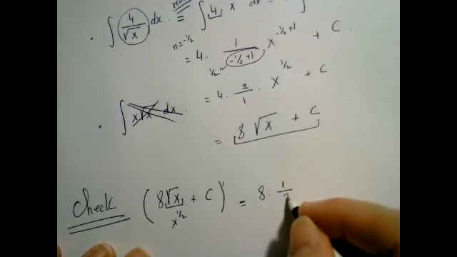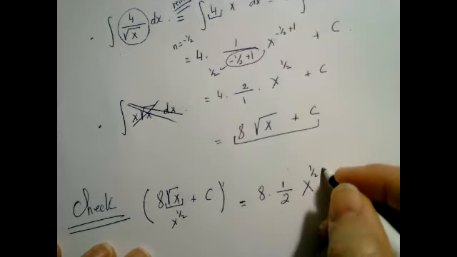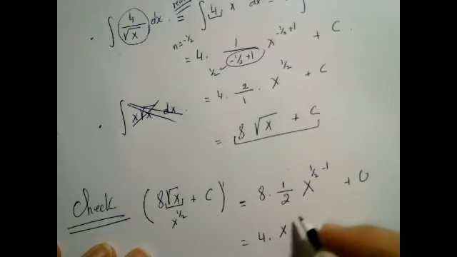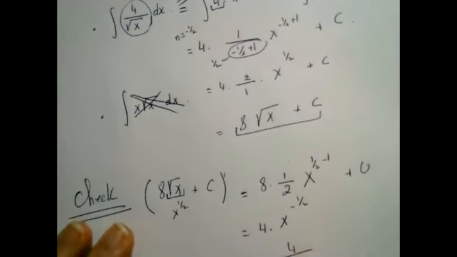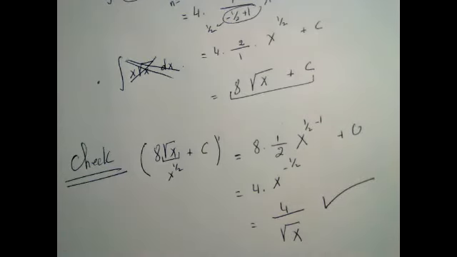So the derivative is a half x to the half minus 1 plus 0. That means 4 x to the half minus 1, which is minus a half, plus 0. It means 4 over the square root of x. We are absolutely on the right track. All right? Okay.